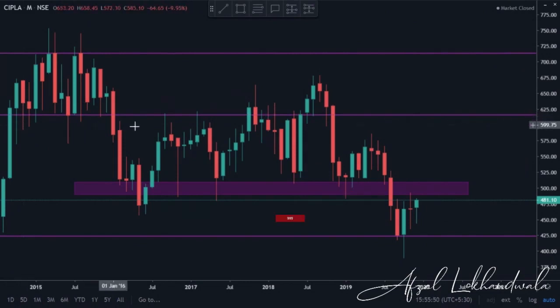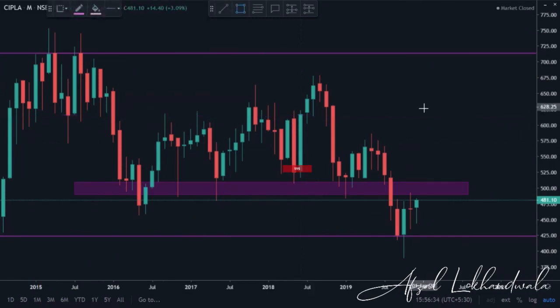It plays out nice. There are 2 rejections here also. There is 1 rejection here also. The price hits here, reverses. What we can do is delete this line and replace it with a rectangle so that it marks a proper area.